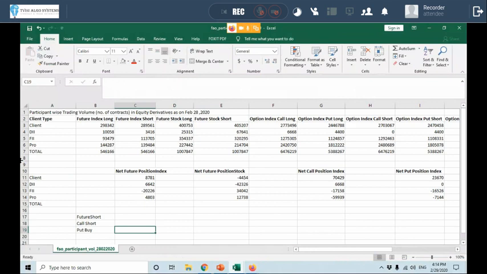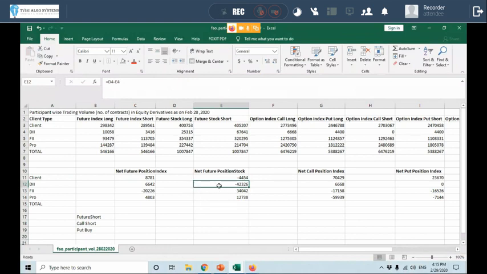Okay, now let's see what DII is doing. Futures they have bought, but only 6,000 contracts. Simultaneously look at the short positions in stocks. They are trying to cover their position.